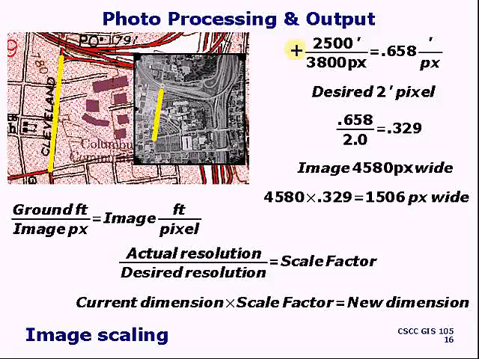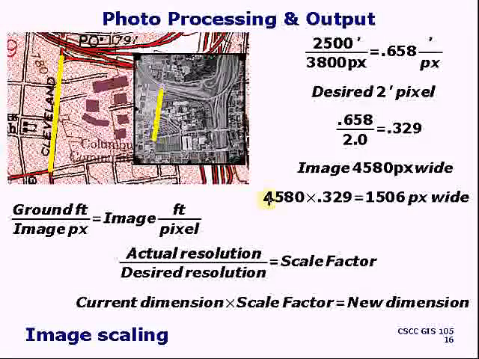We divide and find that one is 0.329 of the other. If the image is 4,580 pixels wide, then for the pixels to be larger, to represent a larger area, the size of the image has to be smaller.